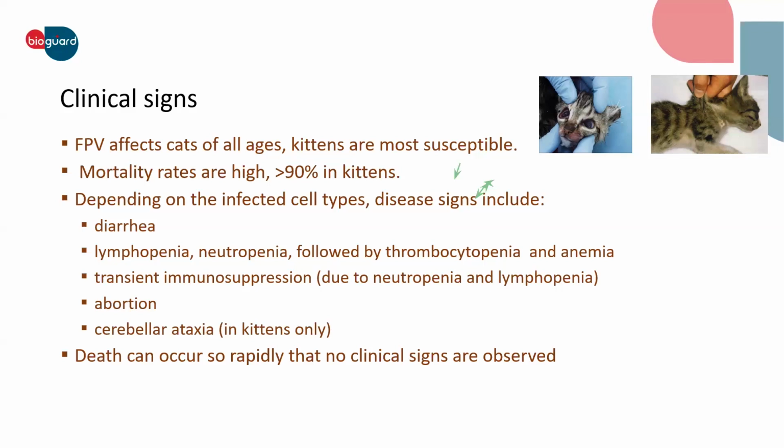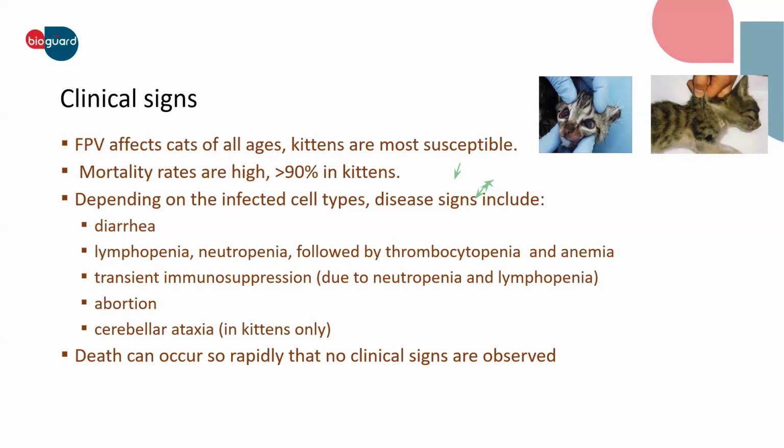Depending on the infected cell types, the disease signs may include diarrhea, lymphopenia, neutropenia, followed by thrombocytopenia and anemia. There may also be a transient immunosuppression because of the neutropenia and lymphopenia, which are important for the immunity of the cat.